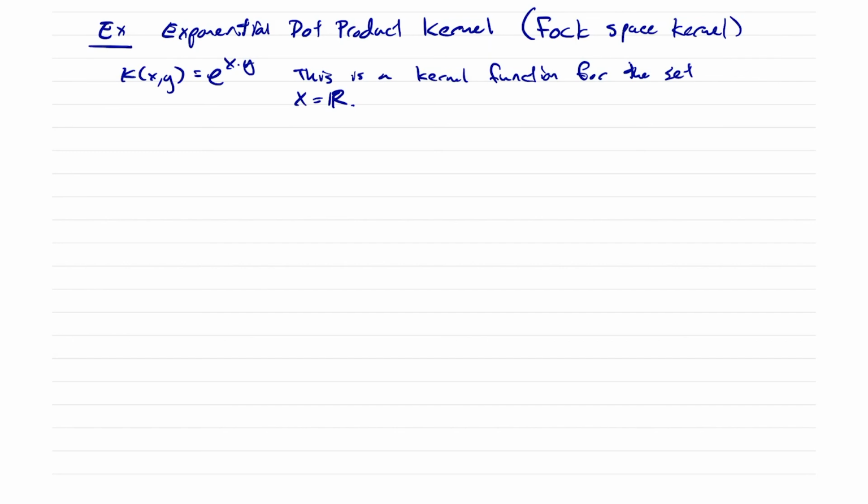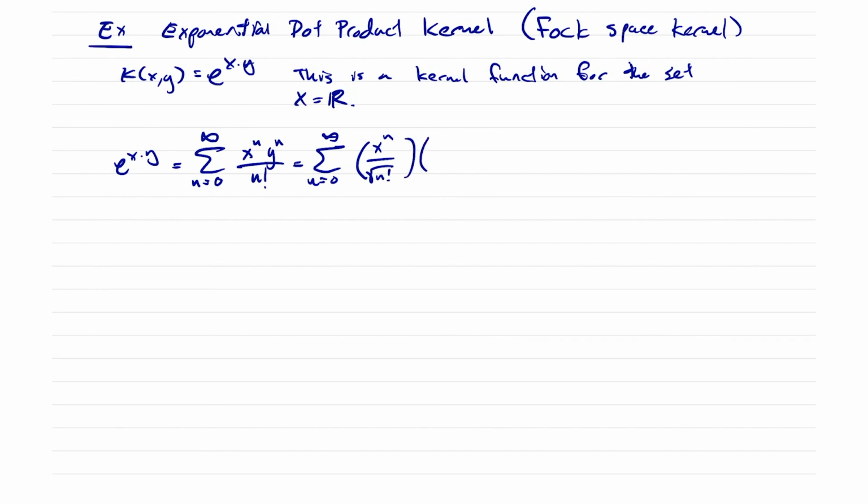Okay, how can we show that? Well, that's pretty easy to see. Basically, we can write e to the x·y as the sum from n equals 0 to infinity of x^n times y^n over n factorial. And you can rewrite this as the sum of x^n over square root of n factorial times y^n over square root of n factorial.